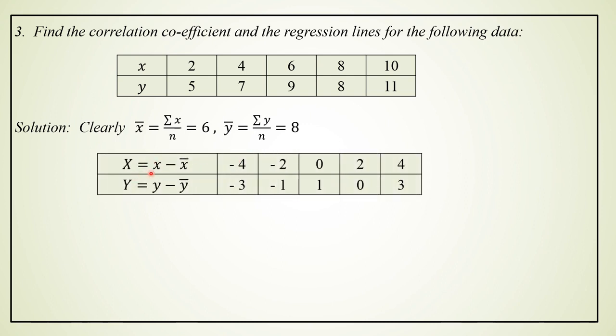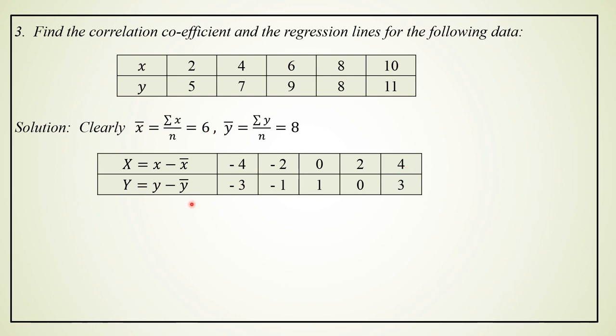capital X, which is given by x minus x bar, and capital Y, that is given by y minus y bar. So capital X is equal to x minus x bar: 2 minus 6 is minus 4, 4 minus 6 is minus 2, 6 minus 6 is 0, 8 minus 6 is 2, and 10 minus 6 is 4.